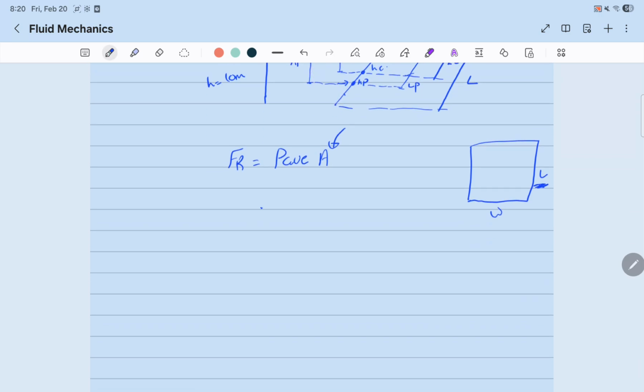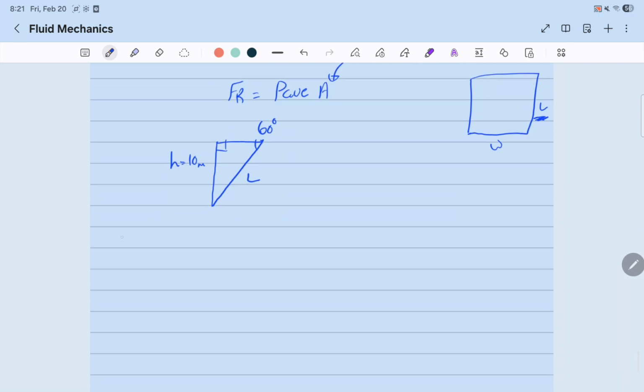It'll look something like this. This is L, the inclined length of the wall. This is H, the depth of the fluid, which equals 10 meters. This triangle is a right triangle, and the angle is 60 degrees.